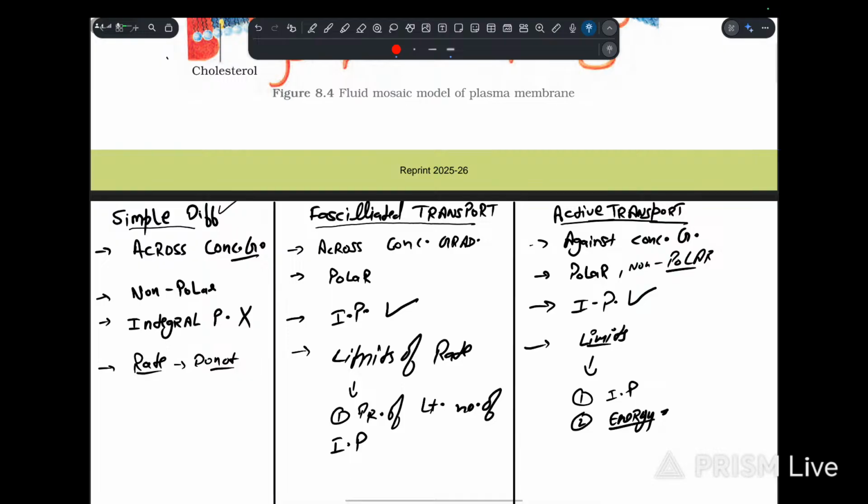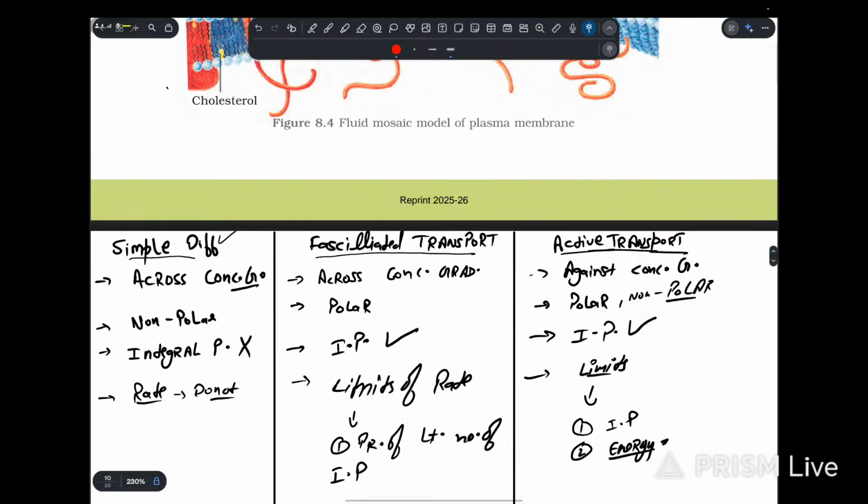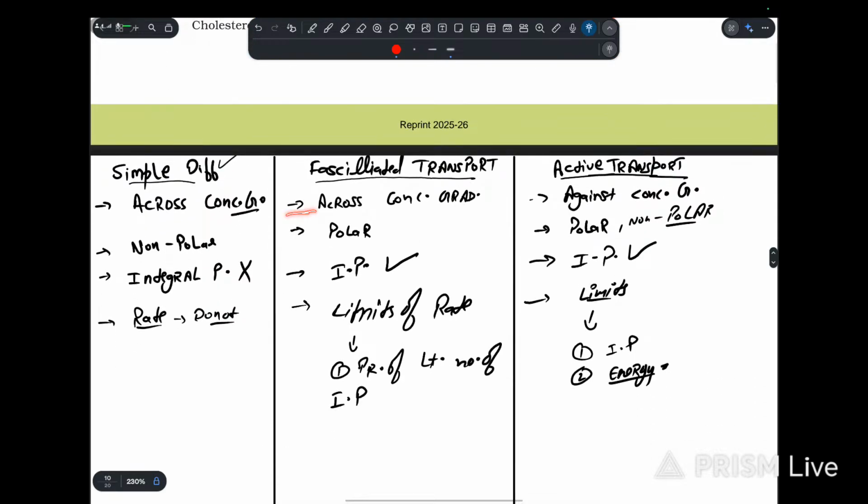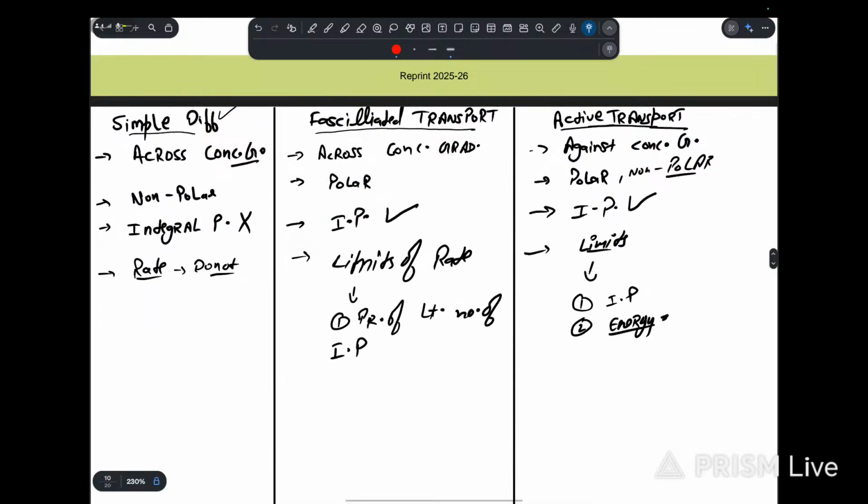Now we will talk about facilitated transport. It occurs across the concentration gradient, just like simple diffusion, but in this case, polar molecules are transferred across the membrane. And if they are polar molecules, they require an integral protein, right?